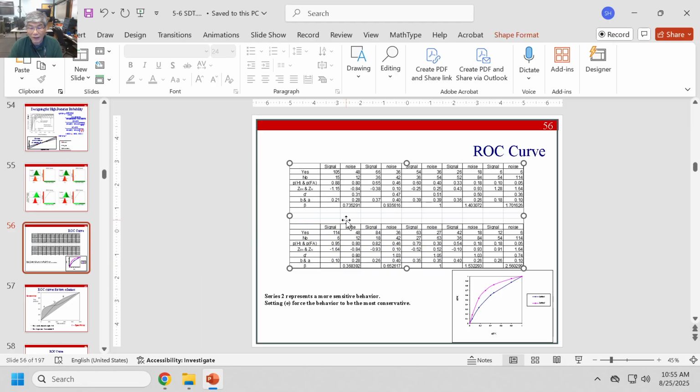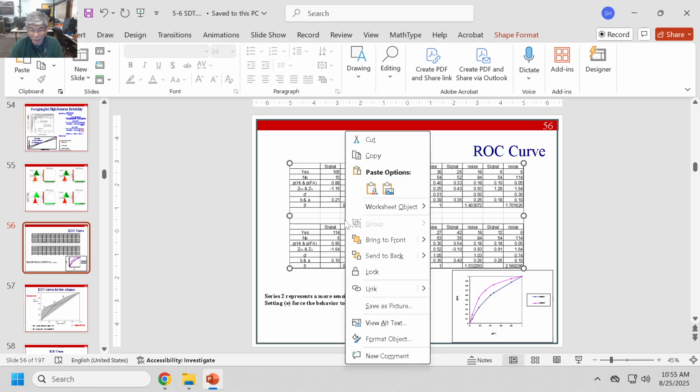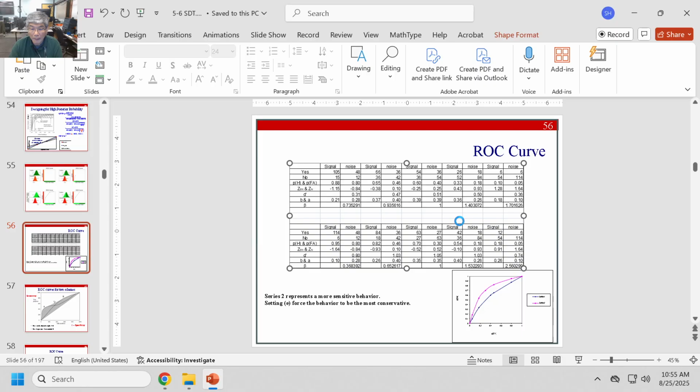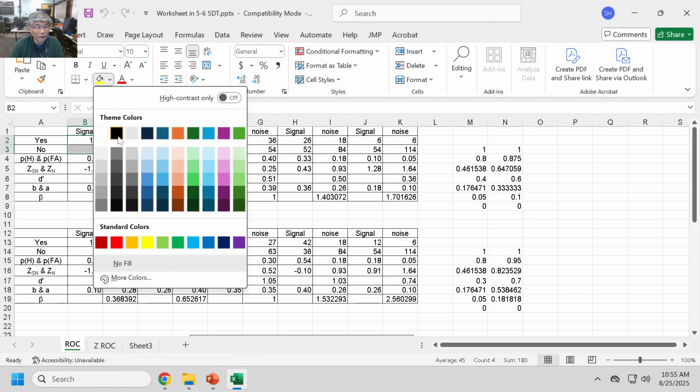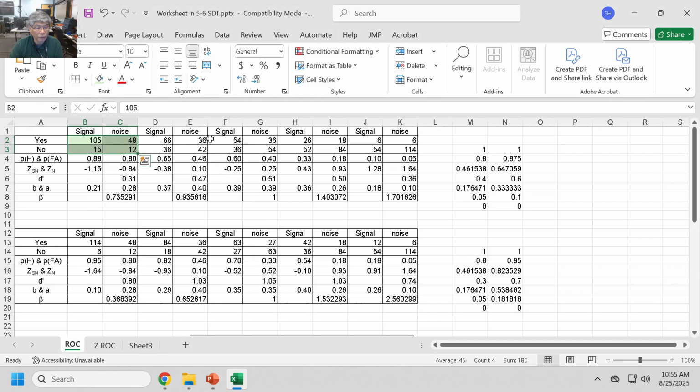Now, what is ROC curve? Is the following. Okay? We're basically doing the. Oh, by the way, first let's just say this. ROC curve is I give people situation under very hard situation.